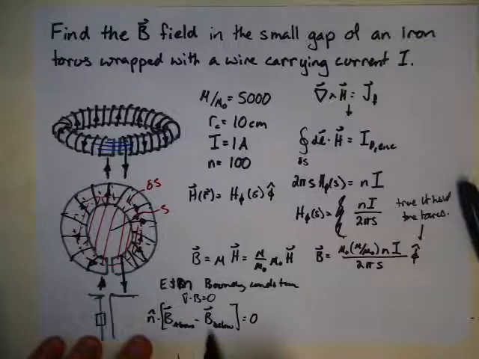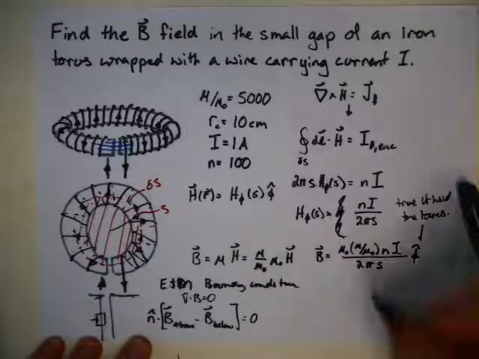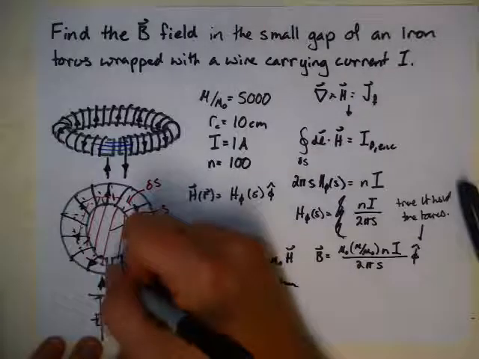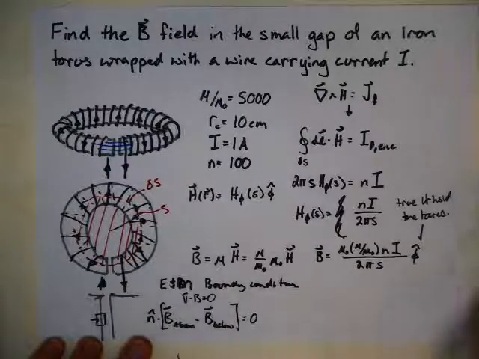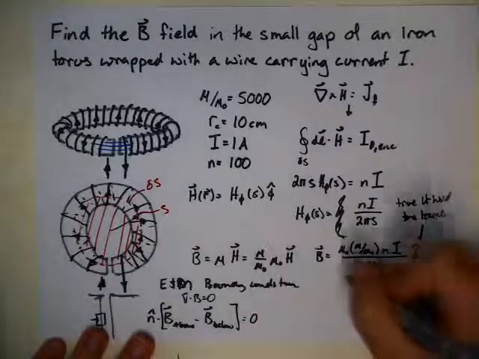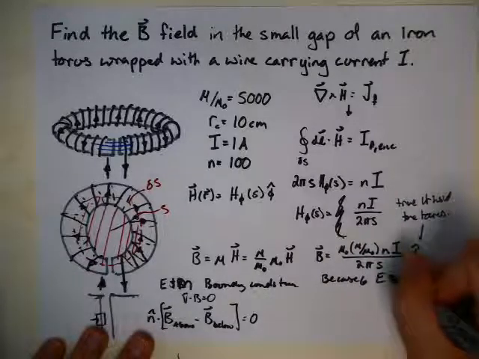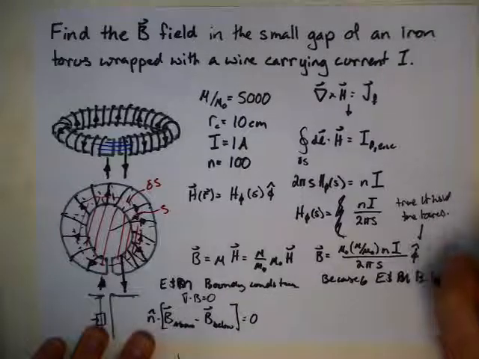Well, I know that B below, which is this area right in here, is going to be this B. And so the B above has to be the same as long as the surface is perpendicular to the statement that we want. And it is. So this was even true in the gap because of the E and M boundary conditions.